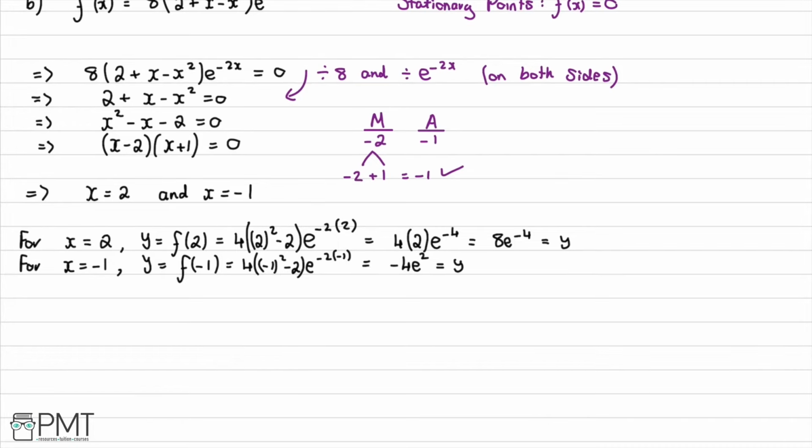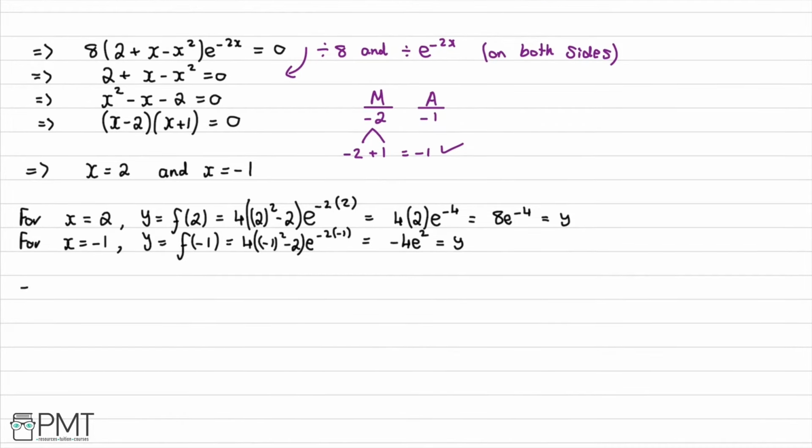And that's equal to y also. So therefore, our coordinates are: our first one, the x coordinate was 2 and the y coordinate was 8e^-4. And then secondly, we had that x was equal to negative 1, and the y coordinate which went with this was negative 4e to the power of 2.